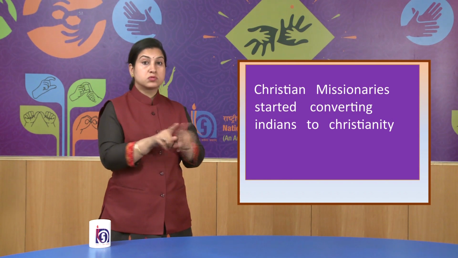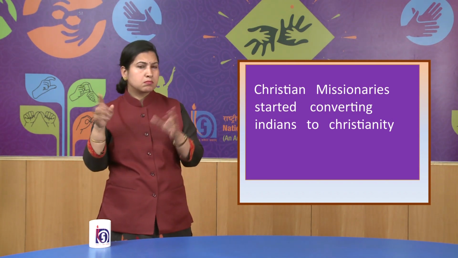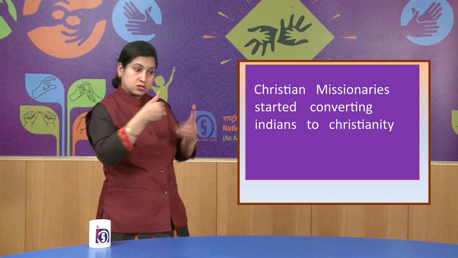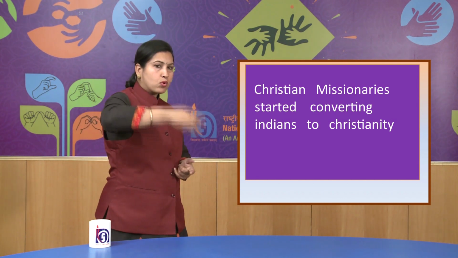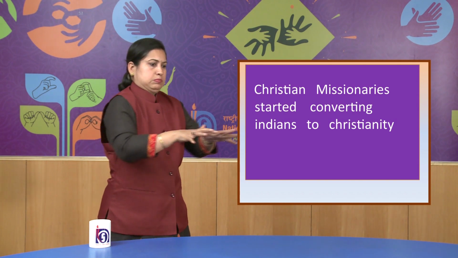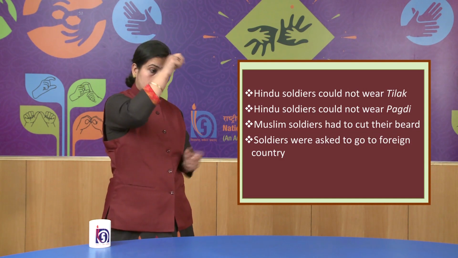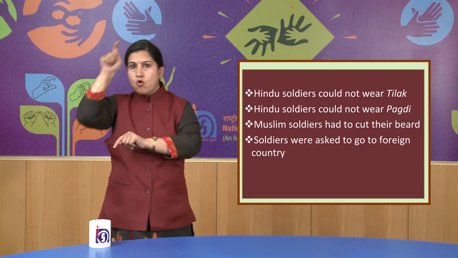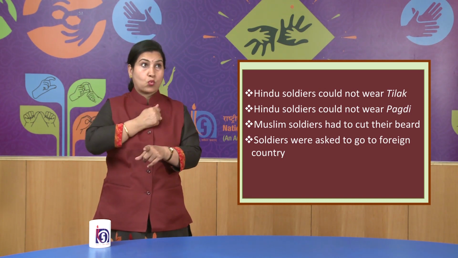as the Christian missionaries opened schools and colleges in the country and they used them as means to convert Indian people to Christianity. The Indian soldiers working in the British army were forced to do things that were against their religion.